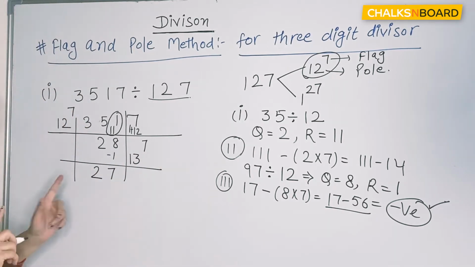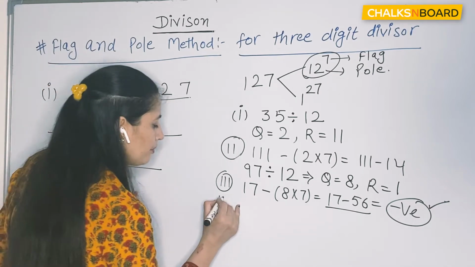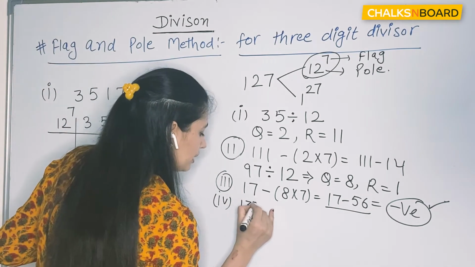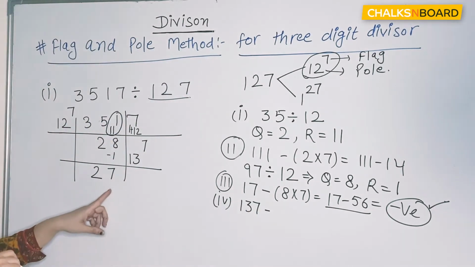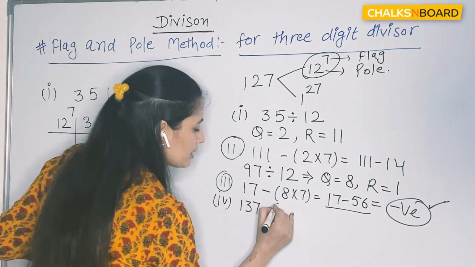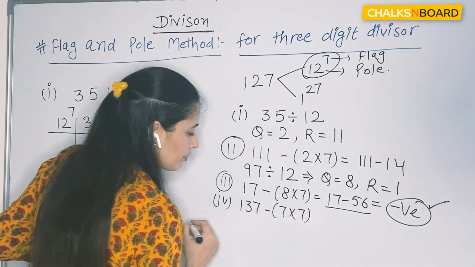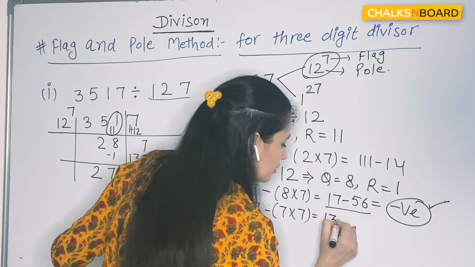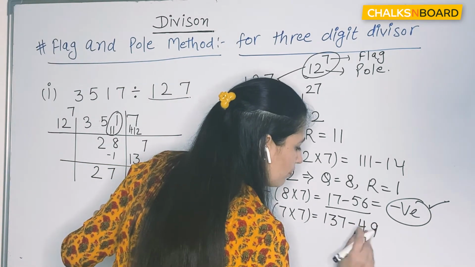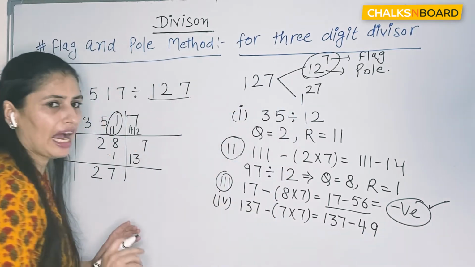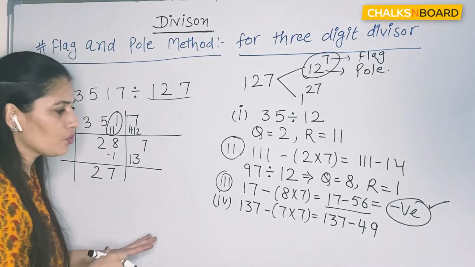तो आपका जो नेक्स्ट नंबर है वो है 137 माइनस मल्टीप्लीकेशन विद द प्रीवियस क्वोशिएंट, दैट इज 7 into 7. 7 7s are 49. So we have to subtract this number. So what is our answer?